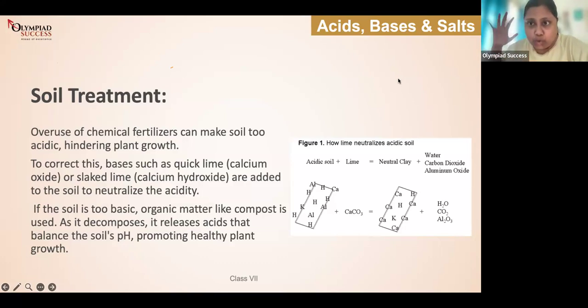So when too much basicity is there, what are you going to do? You are going to add compost, because compost will release acid in the soil. In compost, there are a lot of microorganisms. The microorganisms will release acid, and due to that acid, the soil will become neutral. Clear?